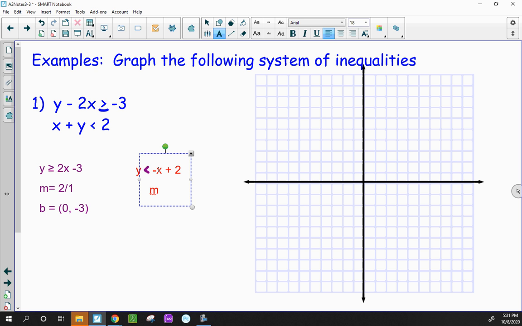Your slope is going to be negative 1 over 1, and your intercept is 0, 2.